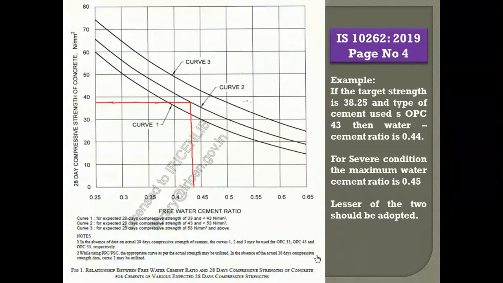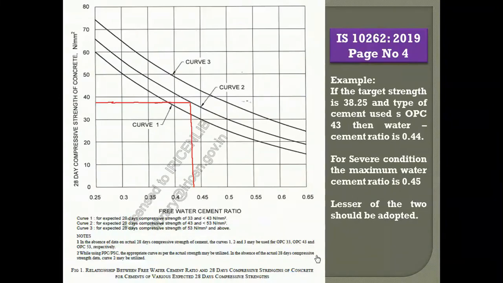They have given a note: if we use other than OPC cement, if we use PPC, that is Portland Pozzolana cement, or Portland slag cement, initially we have to assume curve 2. So for the initial mix calculation, we have to assume curve 2 if you are using PPC or PSC. It is there in the note below the graph.